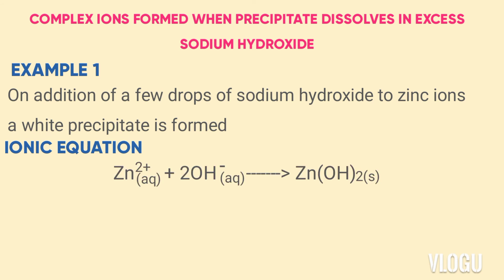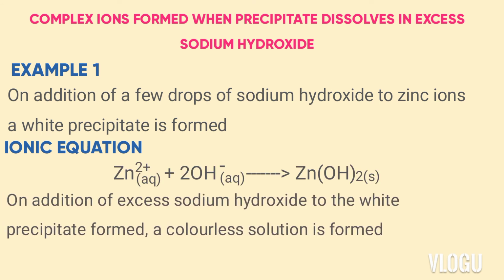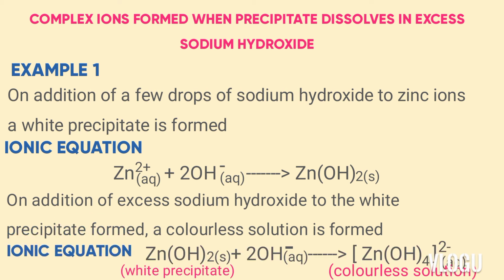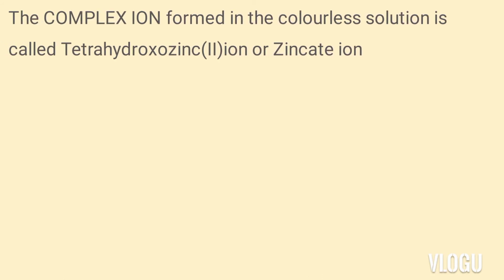On addition of excess sodium hydroxide to the zinc hydroxide formed, that is the white precipitate formed, a colourless solution is formed. Ionic equation shown below. The complex ion formed in the colourless solution is called tetrahydroxozincate(II) ions. Formula shown.